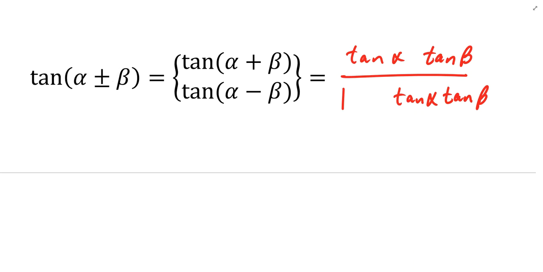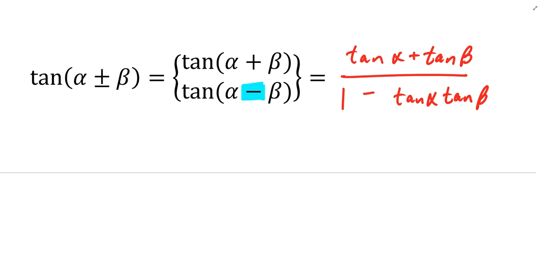So when we're talking about the sum identity, the signs look like this. It matches in the top, but it differs in the bottom. In the numerator, we need the plus sign in between these two trig functions, and in the denominator, we need the subtraction sign in between those two expressions.